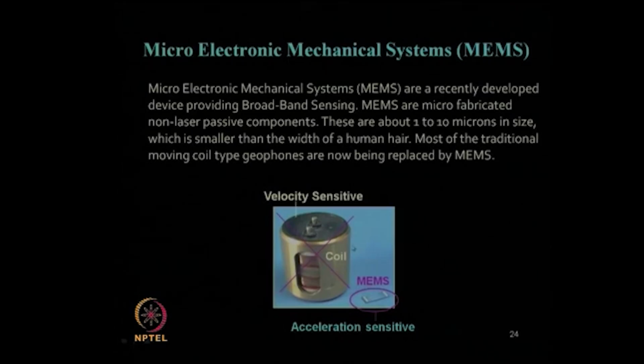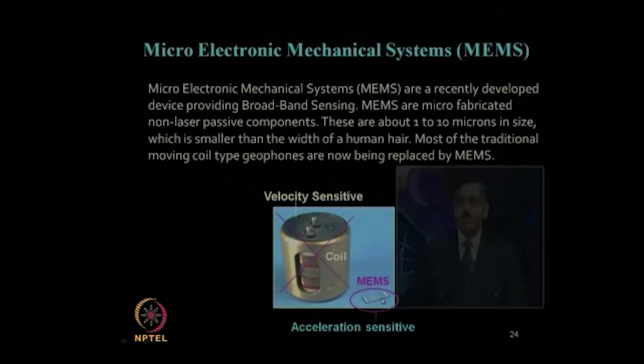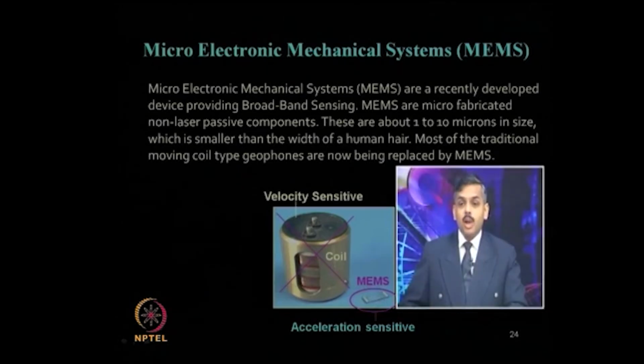Whereas, the olden days methodology for the velocity measurements are as big as like this. So, you can see the comparison between the olden device and the latest MEMS technology, which is very small but very accurate enough, and it is easy to control and handle as well. It is smaller than the width of even a human hair.